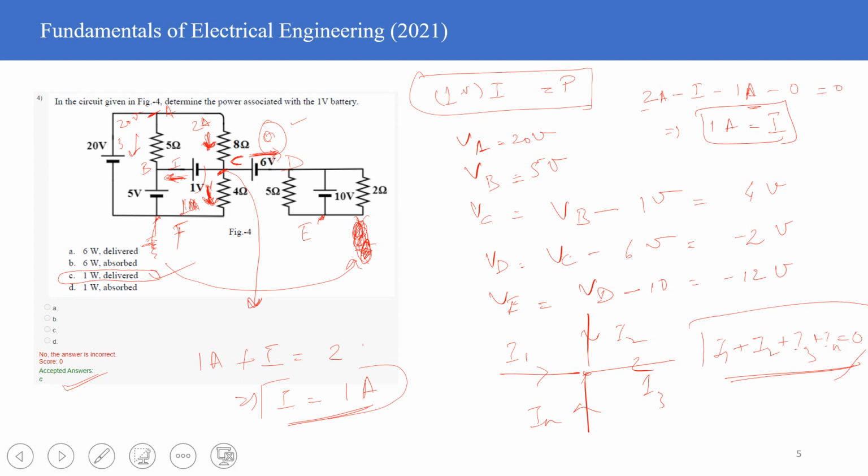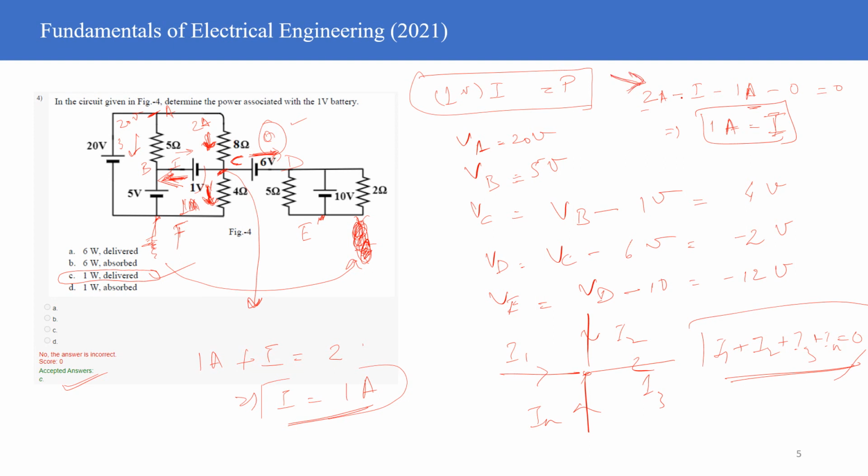So how to find whether it is delivered or absorbed? Okay, so the current direction I have taken is this direction, right? If the current is coming out to be positive, then that means that the direction we have chosen is correct, right, Hassan? Yes, sir. If we had taken the direction as this direction, then this equation would have changed.